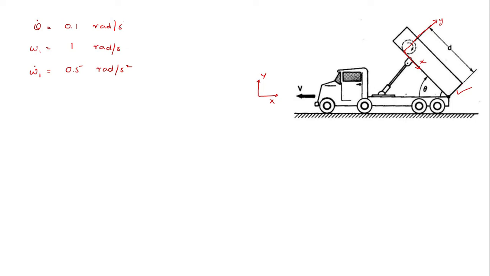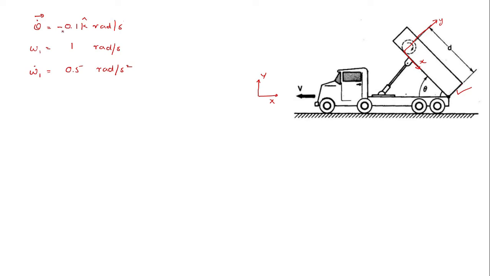Okay. Now once I fix the reference frames, I will express all of these in terms of vectors. So theta dot I can represent in vector form. You see this loading compartment is undergoing clockwise rotation. So in vector format this will be equal to minus 0.1 k cap.